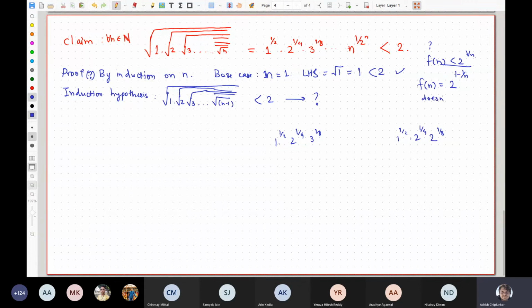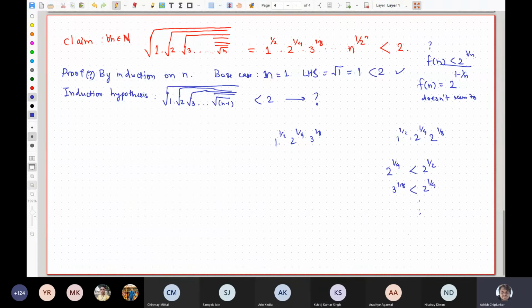So we can say that 3 to the power 1 by 8 is less than 2 to the power 1 by 4. No, but you already have 2 to the power 1 by 4 over here, no? No, sir, I'm using this 2 to the power n minus 1 till 2 to the power n. I'm substituting those numbers. Are you saying ignore this 2 to the 1 by 2, and then 2 to the 1 by 4 is less than 2 to the 1 by 2, 3 to the 1 by 8 is less than 2 to the 1 by 4?